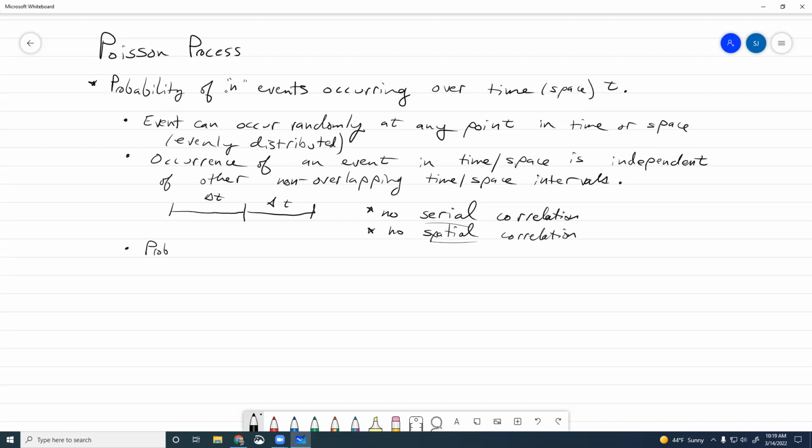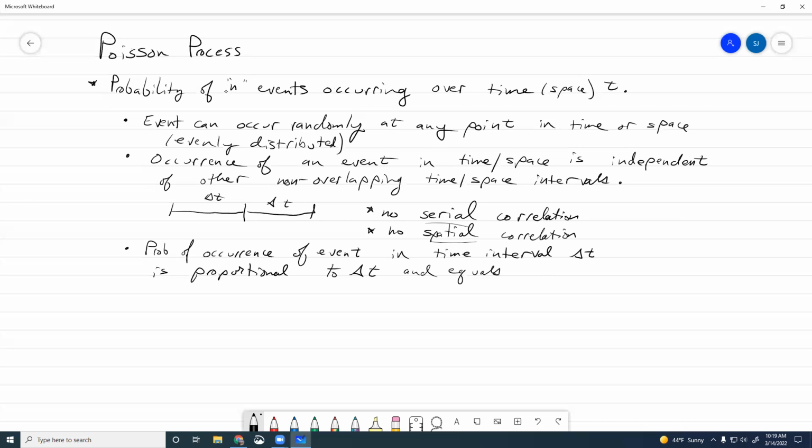And then we say the probability of occurrence of the event in time interval delta t is proportional to delta t, and is equal to some rate term, which we'll call nu delta t.